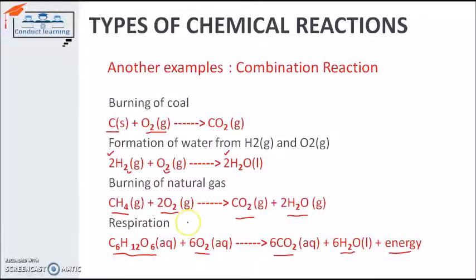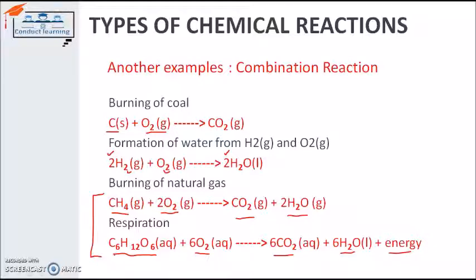So respiration is an exothermic process, and burning of natural gas is also exothermic. An exothermic reaction is a reaction in which heat is produced. So in both these reactions heat is produced. These reactions describe where heat is getting produced. So respiration is also an exothermic reaction.